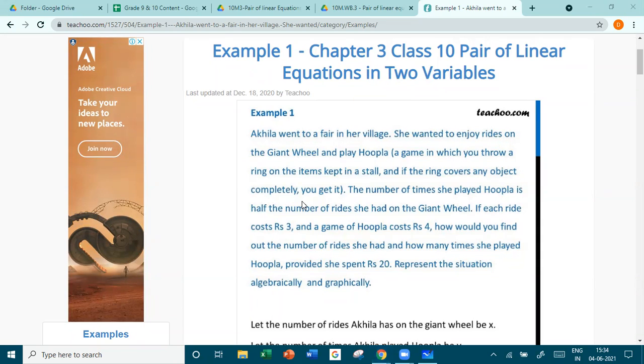Aditya, I need to check your answer. I'm not sure if it is correct. Check your second equation once. I'm not sure how you got that. Yes, Divya, your answer is correct.